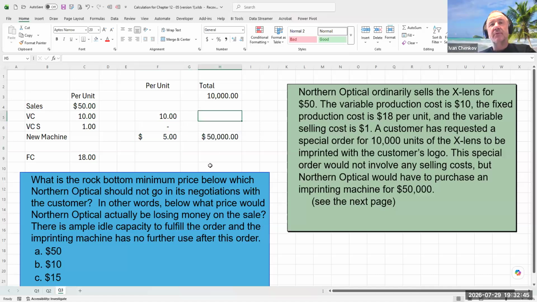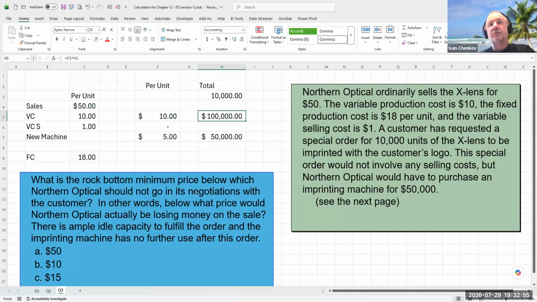What will be the total variable cost in this case? Total variable cost is going to be $10 times 10,000 units, or $100,000. So what will be our total cost to produce those 10,000 units? The total cost is going to be $150,000. How much will be the cost per unit? Cost per unit is going to be $15.